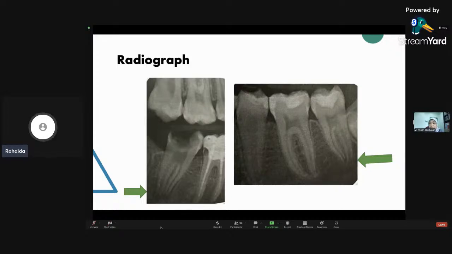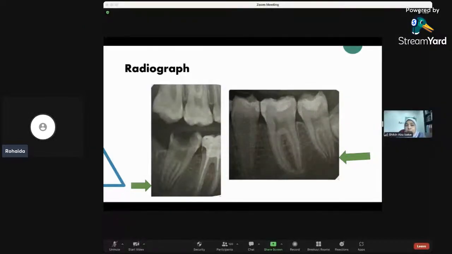But if you see the right side, the periapical area looks like a periapical lesion, which it is not. In an immature tooth, the apical papilla might appear radiolucent in the radiograph. So whenever you see a case, please look thoroughly and don't be confused. Otherwise, we might do more treatment than is needed. Okay.